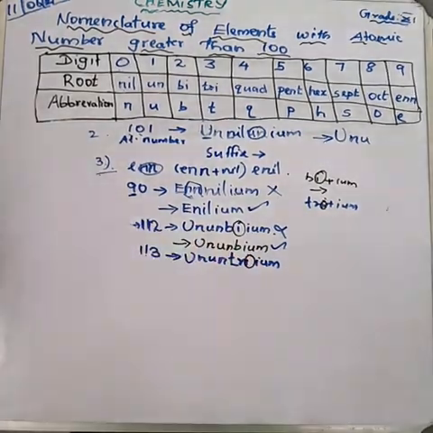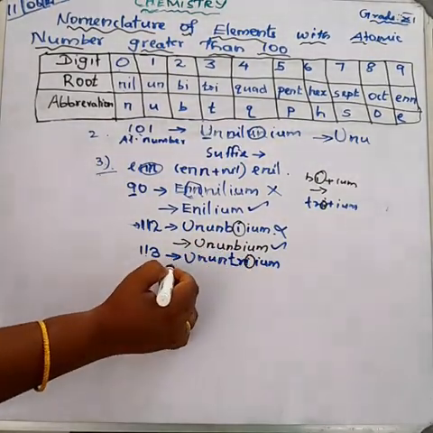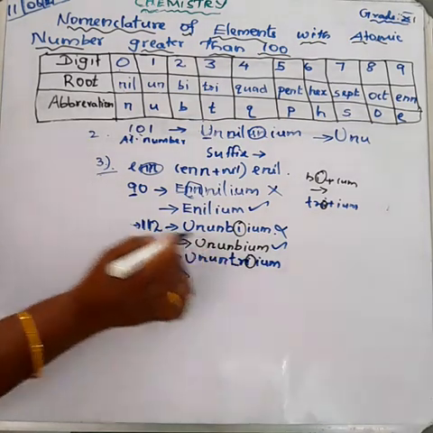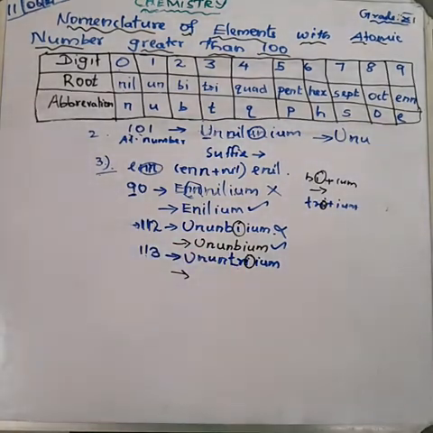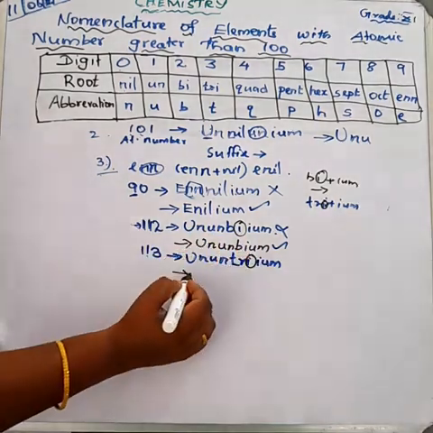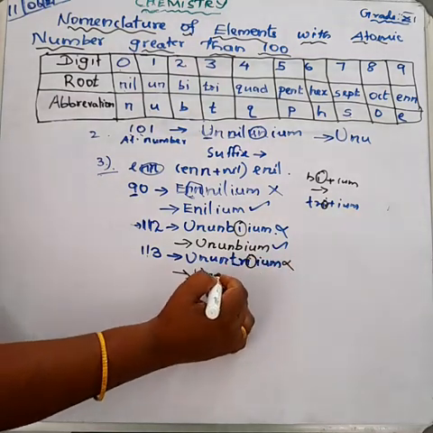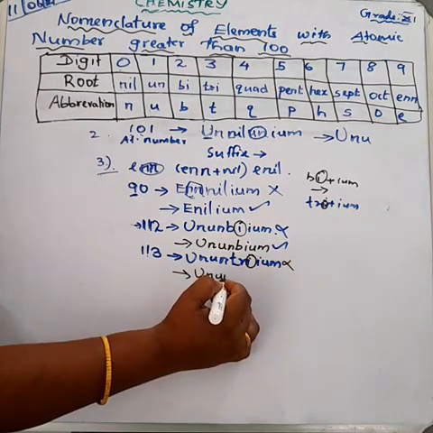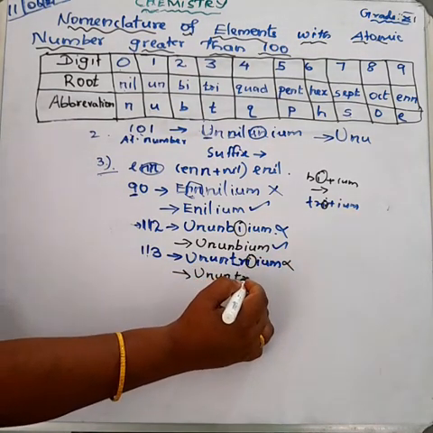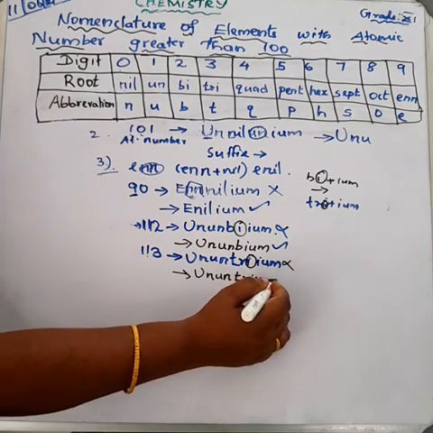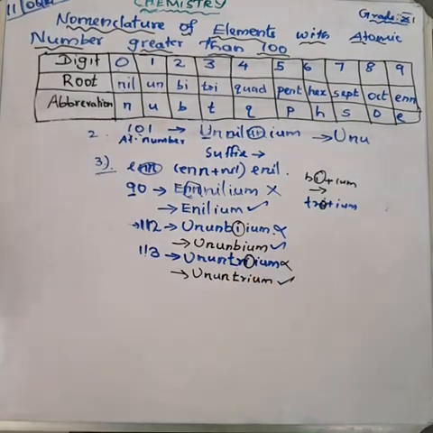Understood? The final i of tri is omitted when it is written before ium. So how can we write this name? Un, un, tr, the i is omitted, so we can write ium. Okay, this is the name. This is rule 3.